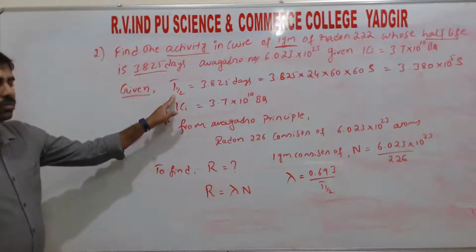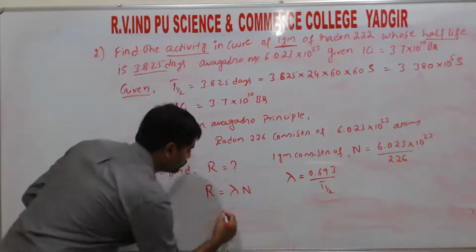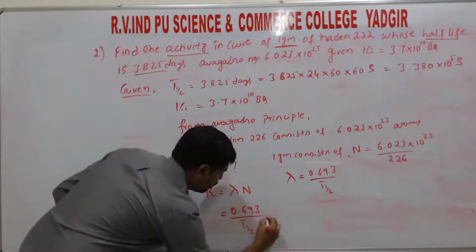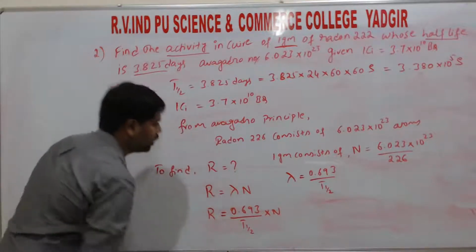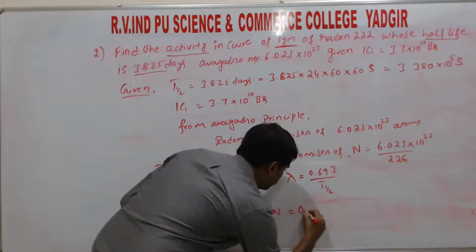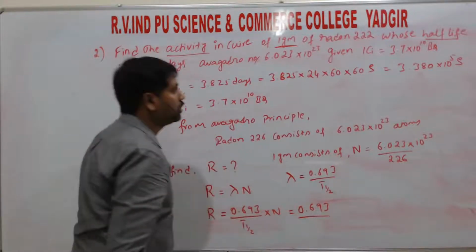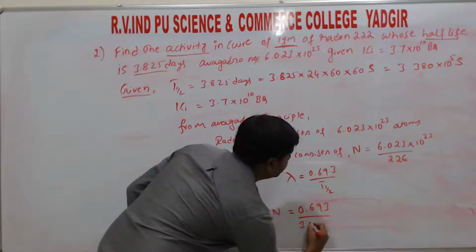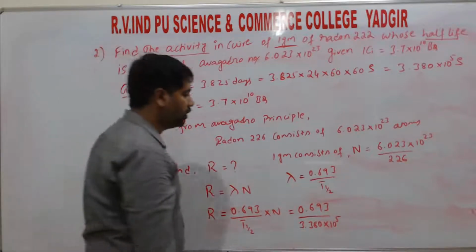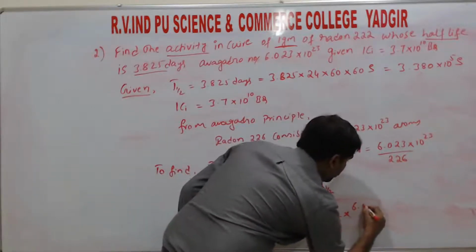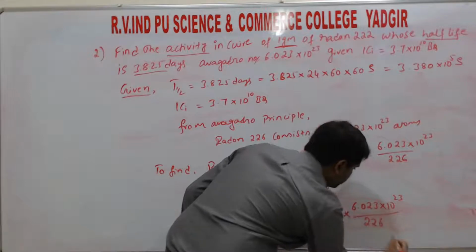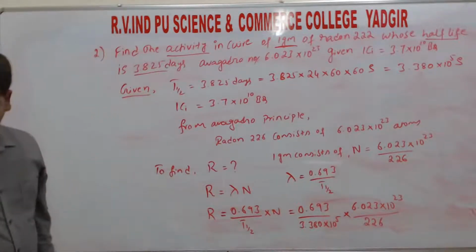We have the half-life, so now substituting, activity R is equal to 0.693 by T half into n, that is equal to 0.693 divided by T half, which we got as 3.380 into 10 to the power of 5 seconds, into n, whose value is 6.023 into 10 to the power of 23 divided by 226, right?